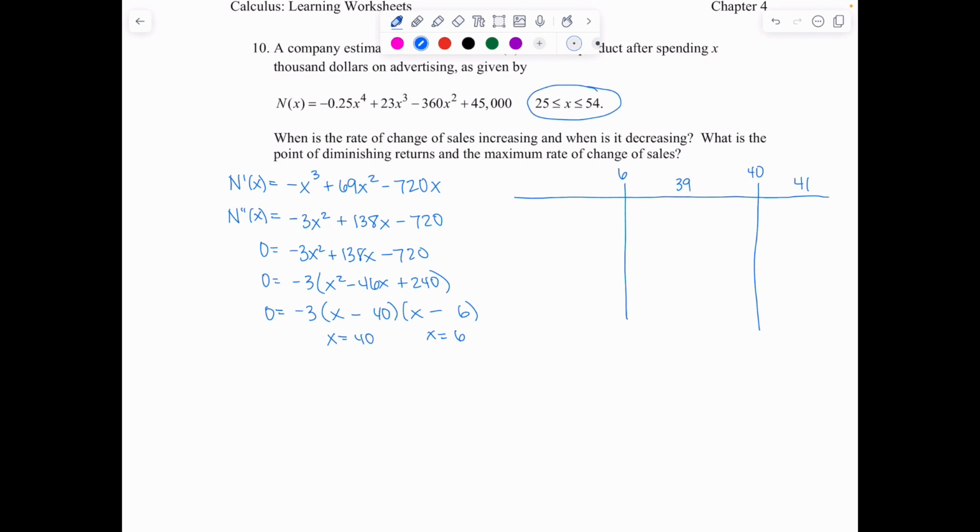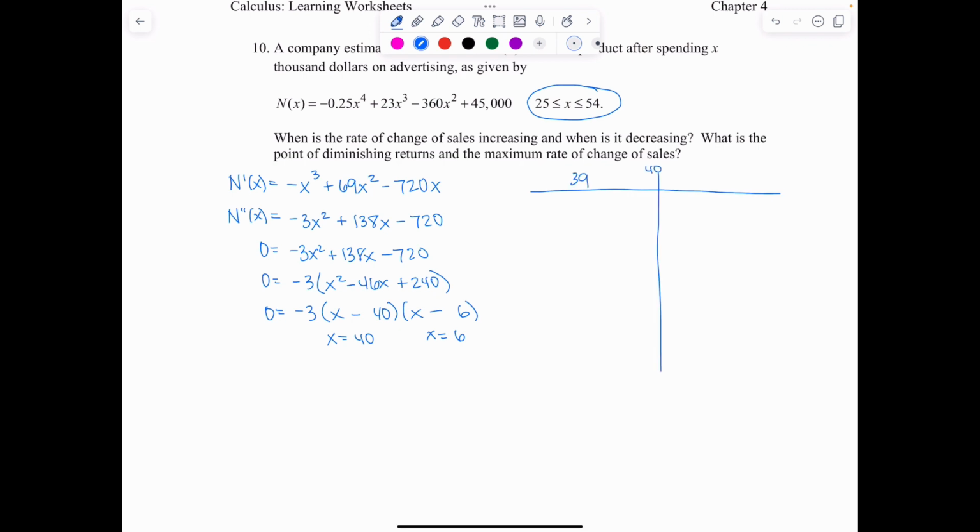We're only looking at values between 25 and 54. So we really don't need to worry about anything less than 25. That's not the domain we're interested in. So we'll just focus on what's around 40. So I'm going to redo this so that way we have more room. So around 40, we'll use 39 and 41.